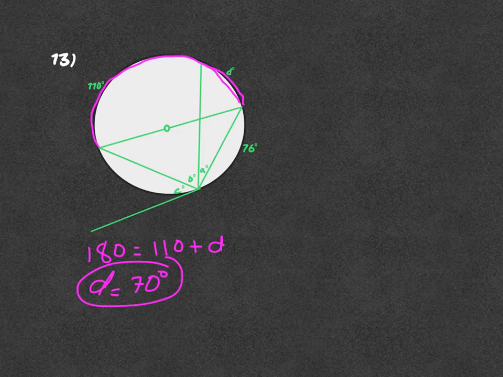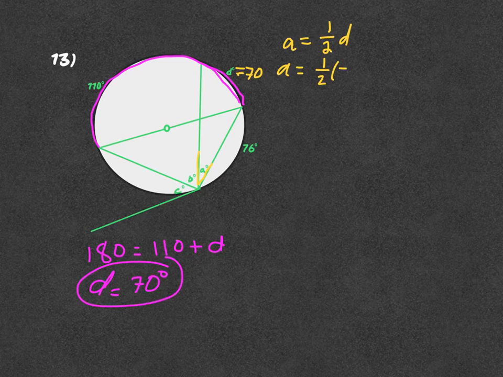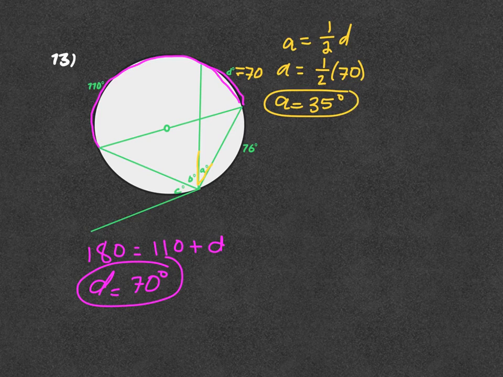Now that I have d, I should be able to find a, because a is the inscribed angle. So a is equal 1/2 of d. A equals 1/2 of 70. Half of 70 is 35. So a equals 35 degrees.